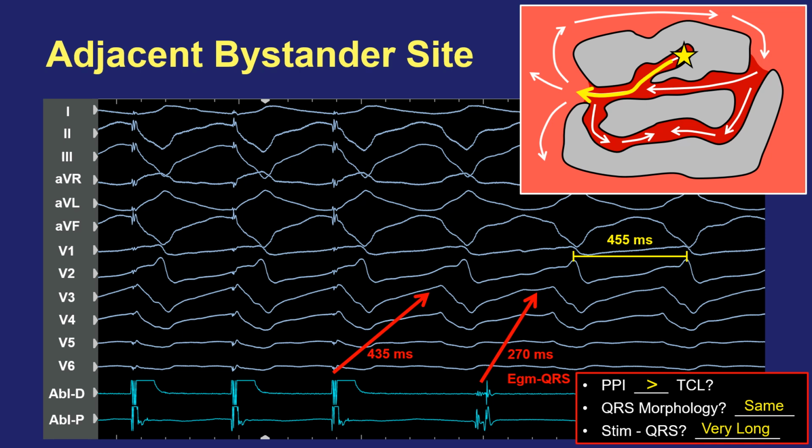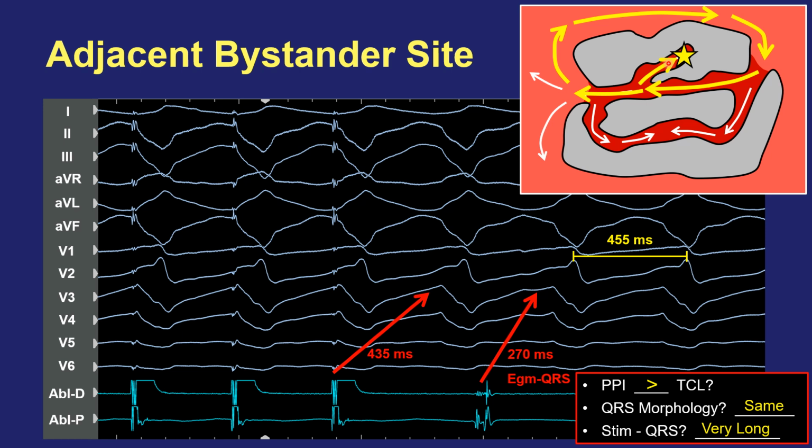During pacing, the stim to QRS time is going to be this yellow arrow, right? But during VT, when you reach this sort of branch point to continue along the isthmus or backtrack into the blind end here, the adjacent bystander, you actually are activating this limb and this limb at the same time in parallel rather than in series.